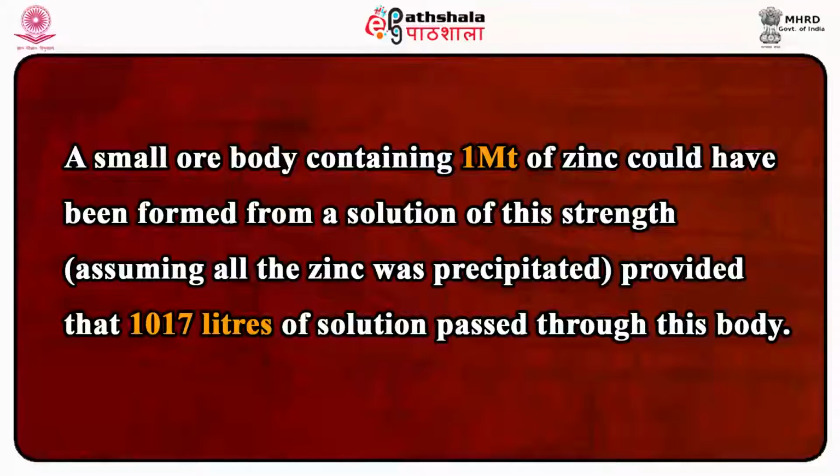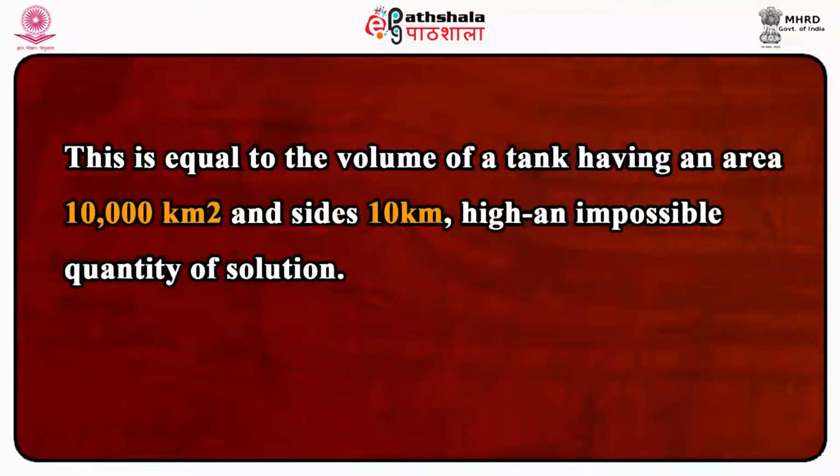A small ore body containing 1 metric ton of zinc could be formed from a solution of this strength, assuming all the zinc was precipitated, provided that 10 to the power of 17 liters of solution passed through the body. This is equal to the volume of a tank having an area of 10,000 square kilometers and a height of 10 kilometers, an impossible quantity of solution.